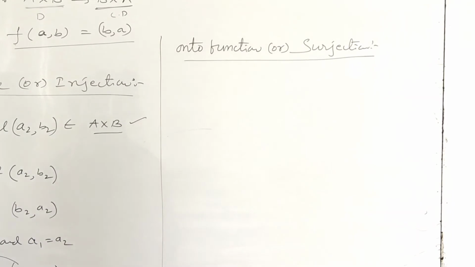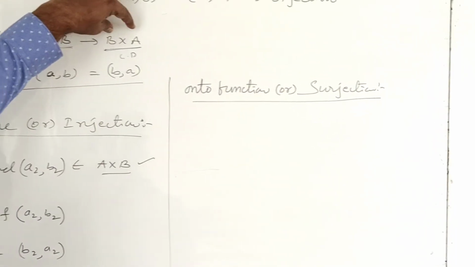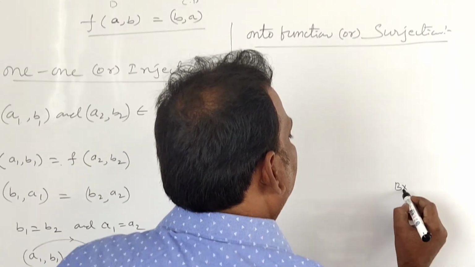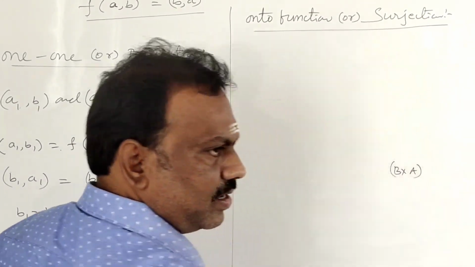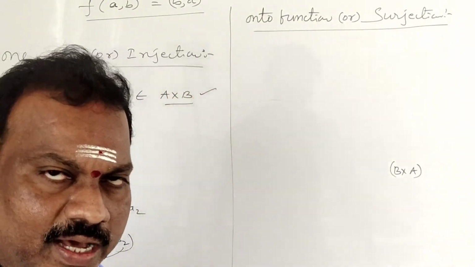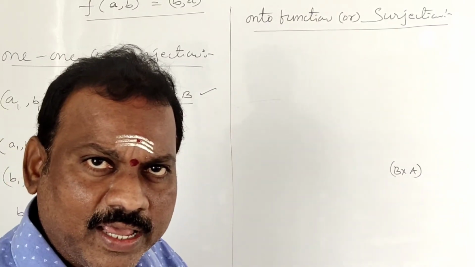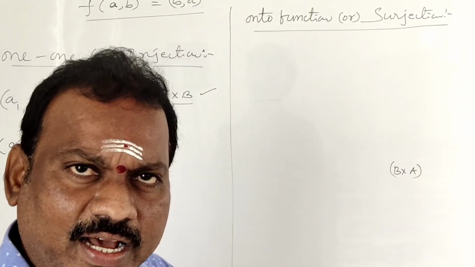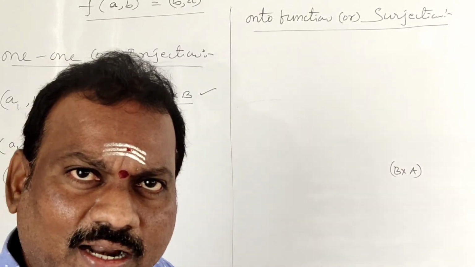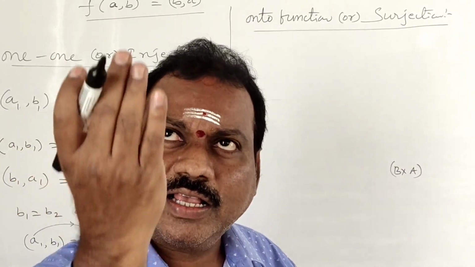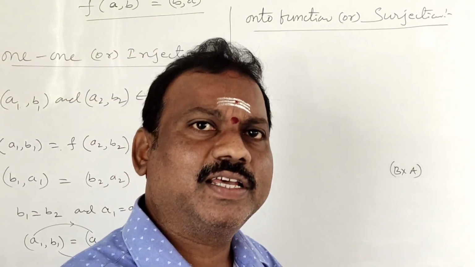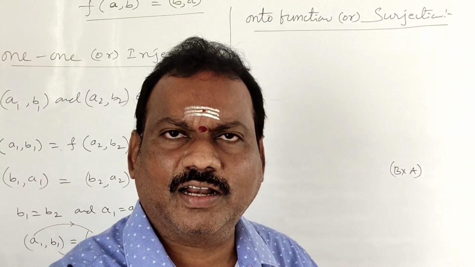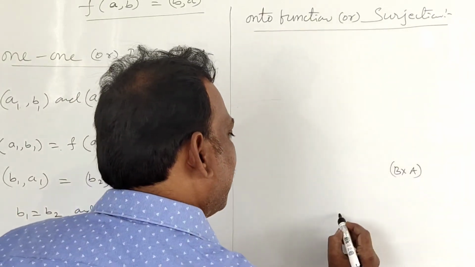According to this problem, what is the B set here? B cross A. So for each ordered pair of B cross A, there must be a pre-image in A cross B. Obviously. Why? Because if A cross B exists, then only B cross A is possible. If one ordered pair of B cross A exists, that must be reversed in A cross B. Correct or not, students? So you remember it.